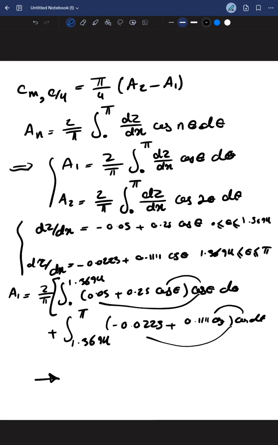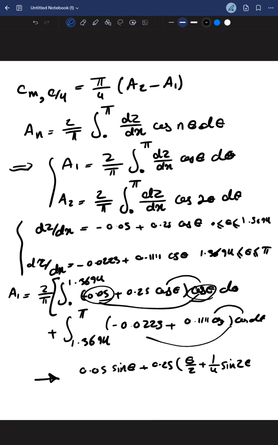I don't have the final solutions, but I'm going to try to give you the solution. So for this one, we're going to have negative 0.05 sine of theta plus 0.25 times theta over 2 plus 1/4 sine of 2 theta.